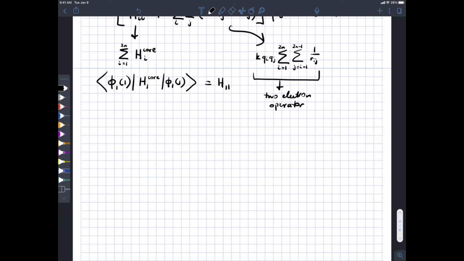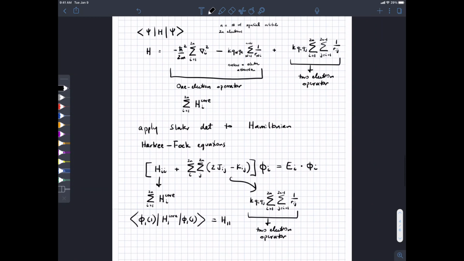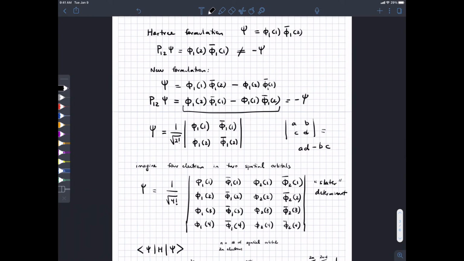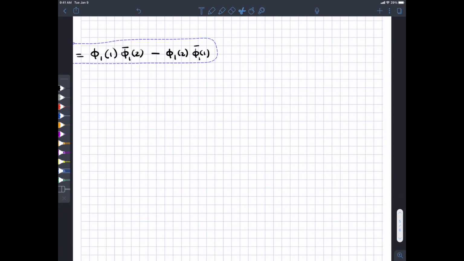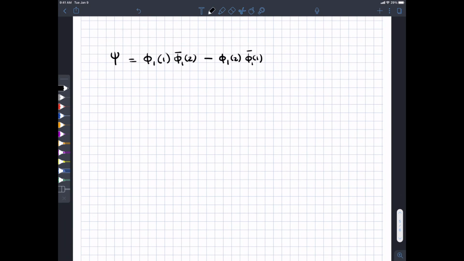So let's copy what we said here for our wave function for a molecule that only has 2 electrons, right? And for the sake of not having to write things again and again, let's just represent this as I1 J1, I1 J2 minus I2 J1. Is that okay?